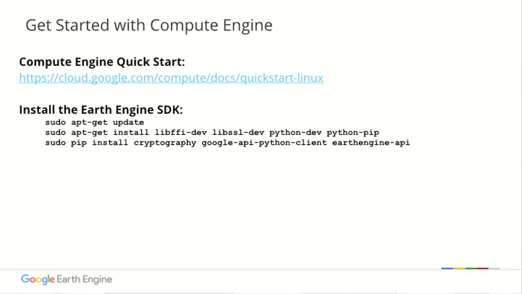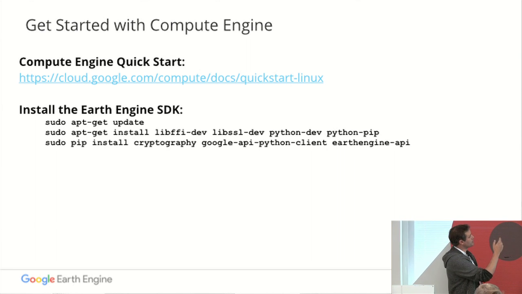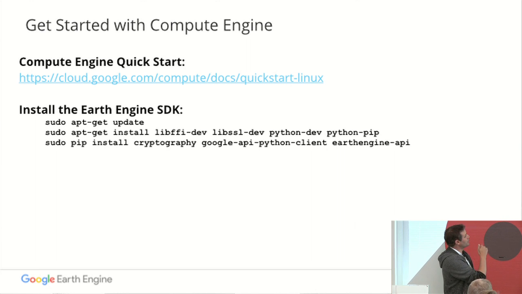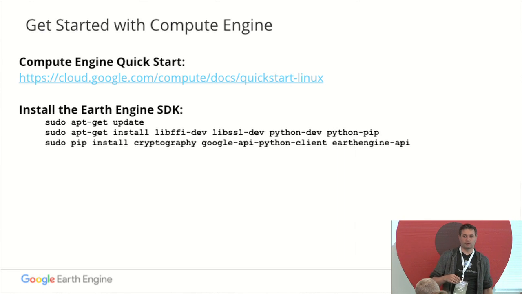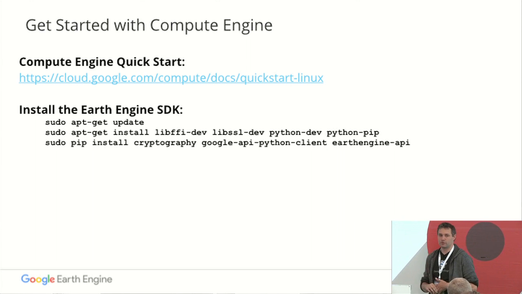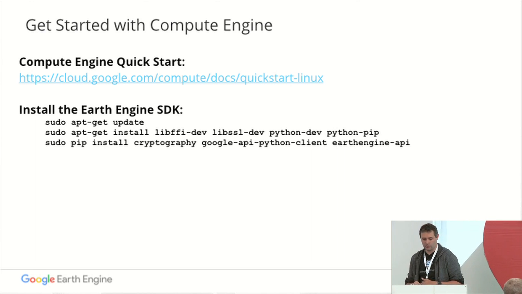Once you've got your Compute Engine VMs up and running, there's a quick start for doing that, and then you can install the Earth Engine SDK. This is here for your copying and pasting convenience, for installing all the prerequisites you need in order to install the Earth Engine SDK.